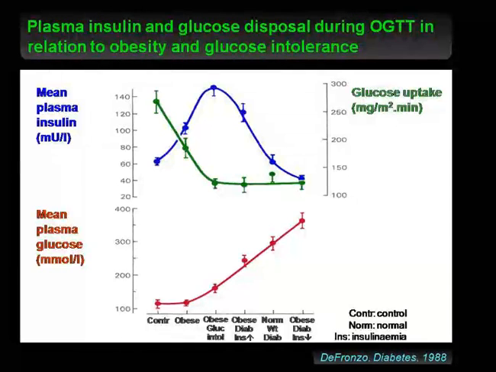That is from normal people, controls up at the top here, through people who are merely obese, developing some insulin insensitivity or insulin resistance, and then diabetes and glucose intolerance developing only really here as you begin to fade with your insulin secretion.